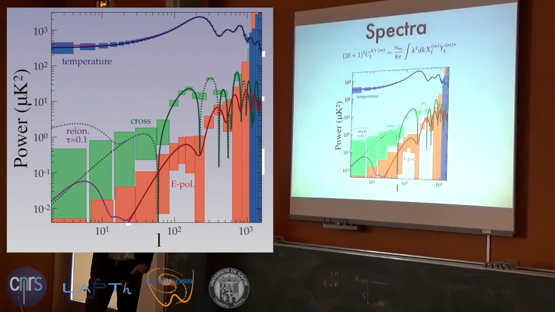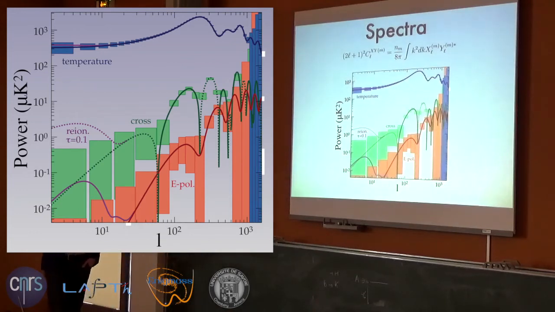Okay, so this is the polarization from the surface of last scattering. And I've only focused on scalar perturbations E-polarization in this figure. What you see here is another feature that I did not yet discuss, which I will discuss now. It is an extra source of polarization in the cosmic microwave background that comes from the epoch of reionization.